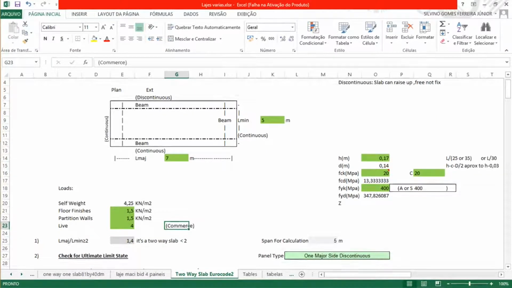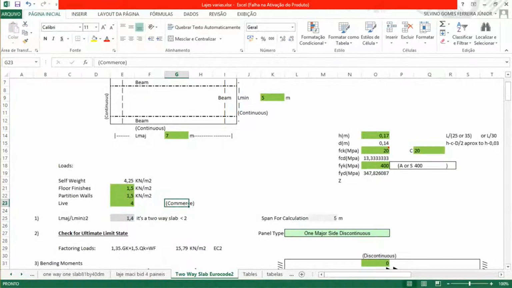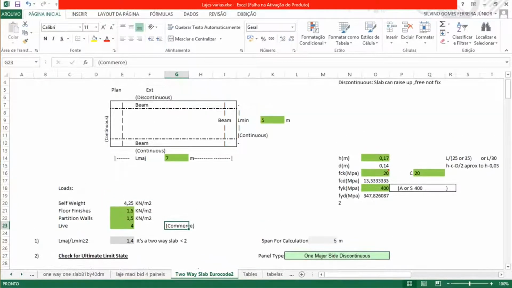So it's a two-way slab, very clear. It's supported, as we can see, on 3 sides. And because the major side divided by the minor side gives us less than 2, it's 1.4, so it's a two-way slab.